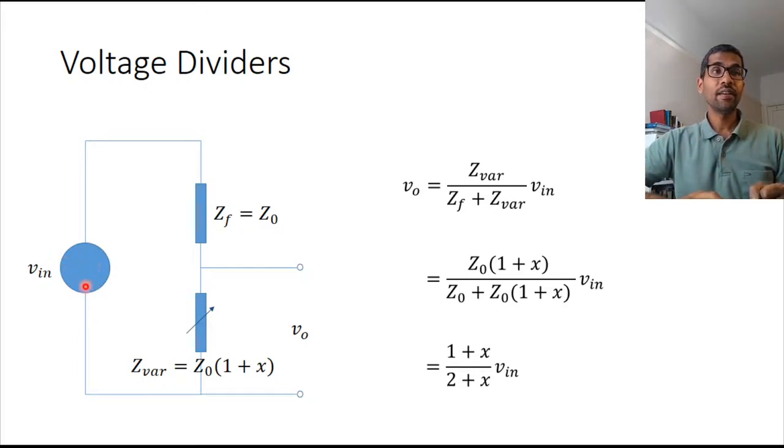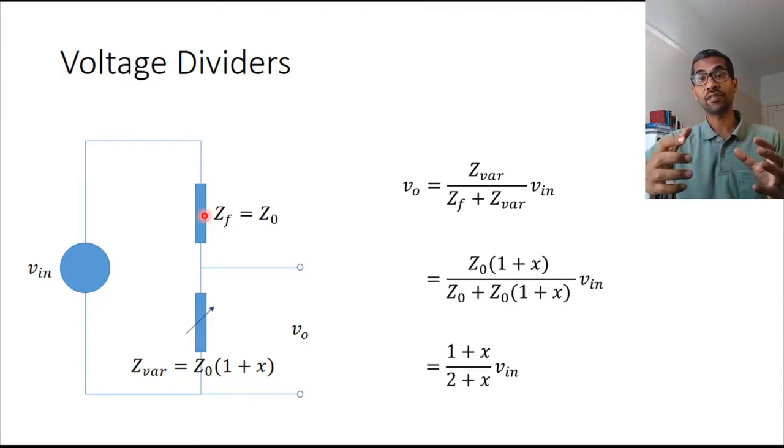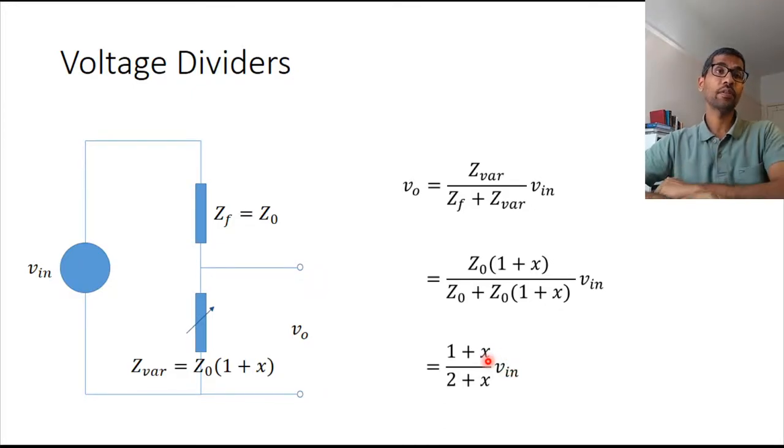And if that is the case, then if this was a capacitor, the impedance becomes 1 over j omega c. Omega is finite, so the impedance is finite. Similarly, if it was an inductor, the impedance would be j omega L. Omega is finite, not zero, so j omega L is a finite quantity. And then you can use these equations to figure out V out in terms of V in. And then you can have a dependence on x, right?